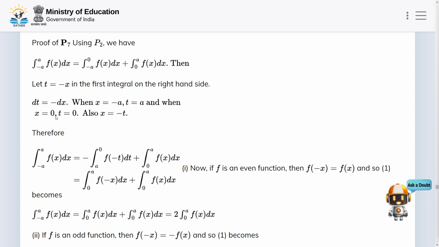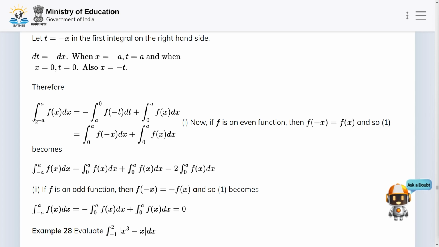If x equals 0, then t will be 0. Also t was equal to minus x, so x equals minus t. Now the definite integral from minus a to a we wrote as minus the definite integral from a to 0 of f of minus t dt, plus the definite integral from 0 to a of f(x) dx.